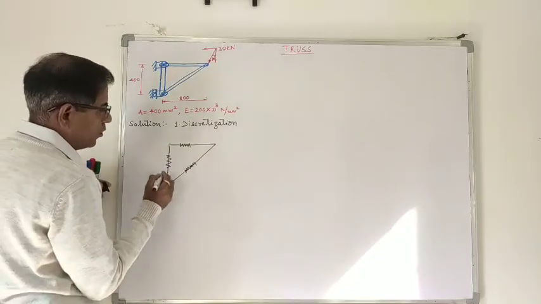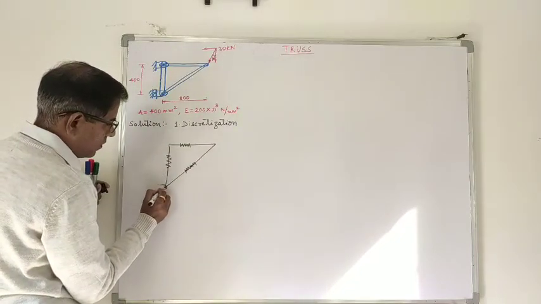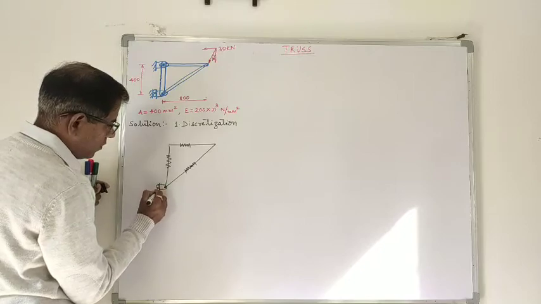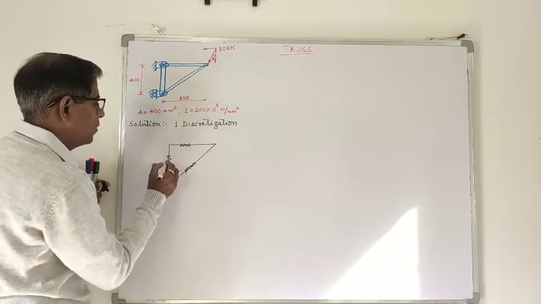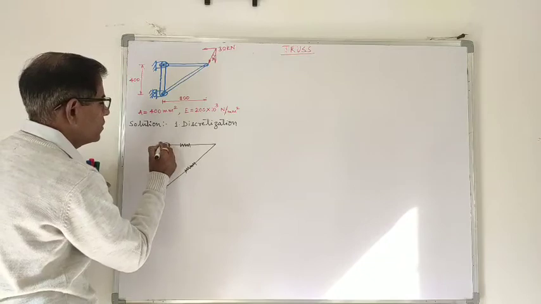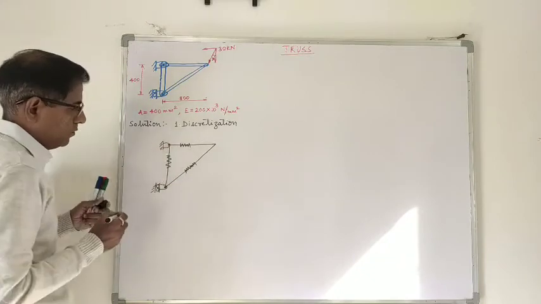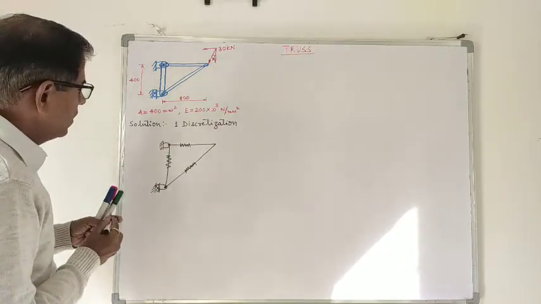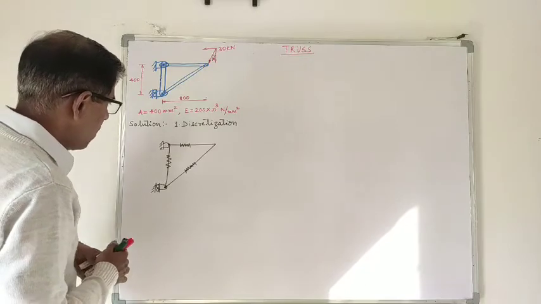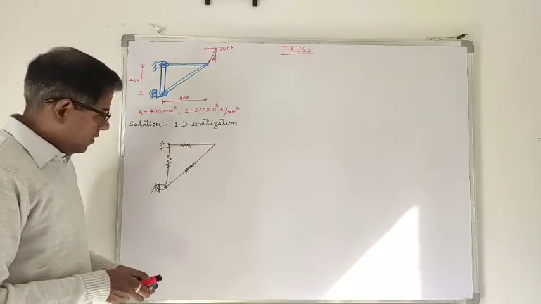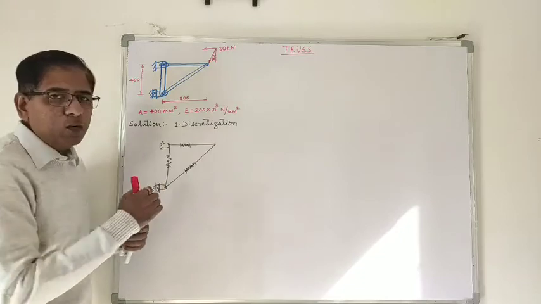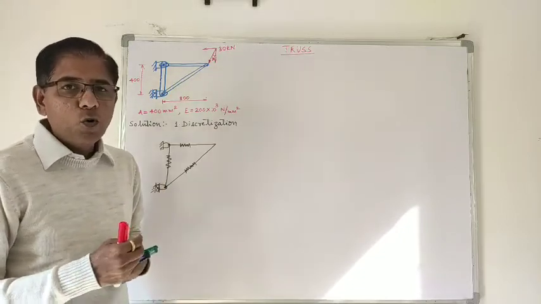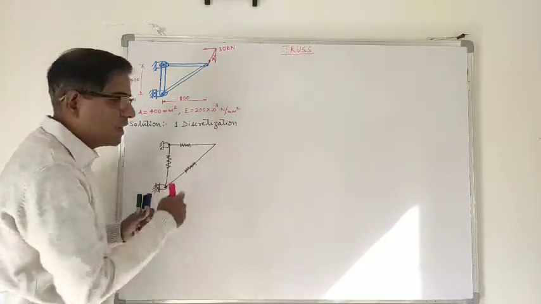This is a roller support. This is fixed. Now we need to give the node numbers to these three vertices of a triangle.